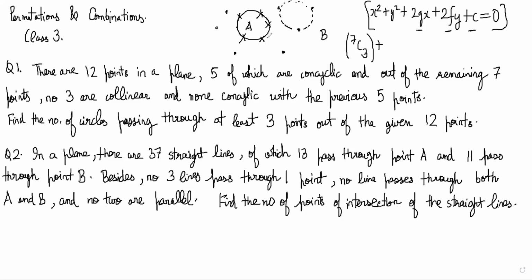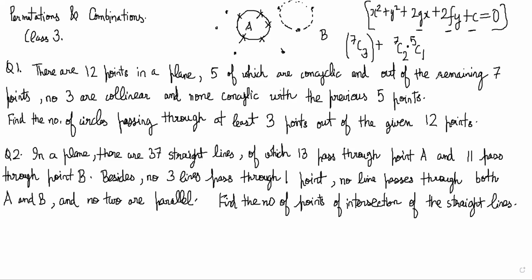Then another case could be a circle that passes through 2 points in B and 1 point in A, right? Correct. So selecting 2 points in B can be done in 7C2 ways, multiplied by selecting 1 point in A, which can be done in 5C1.